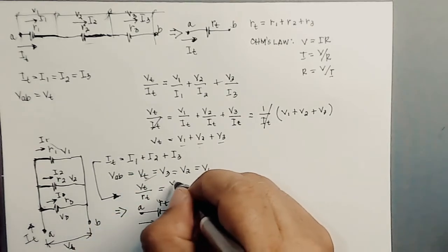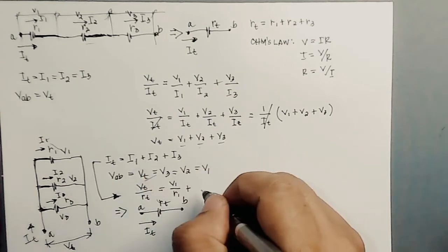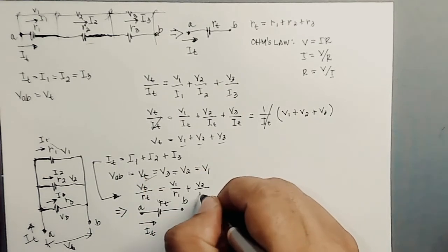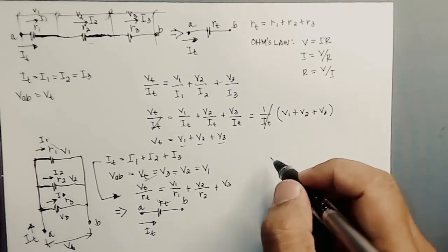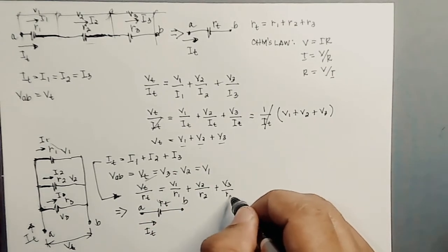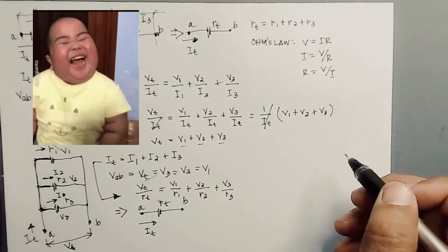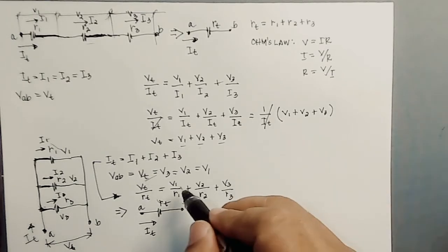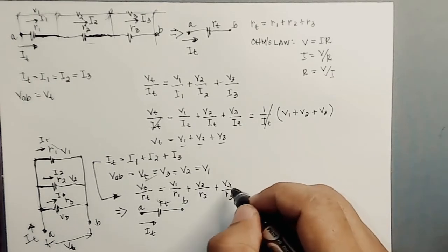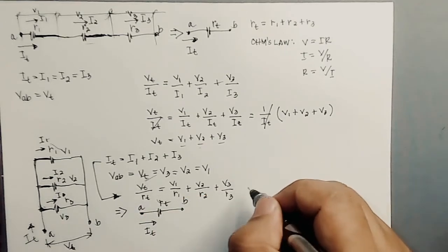That will be V sub 1 over R sub 1 plus V sub 2 over R sub 2 plus V sub 3 over R sub 3. Okay? And let us further simplify, since V sub 1, V sub 2, and V sub 3 are all equal, which is equal to V sub T.